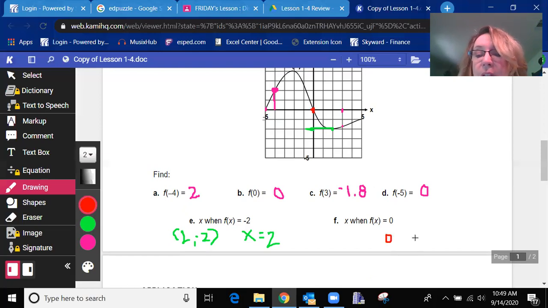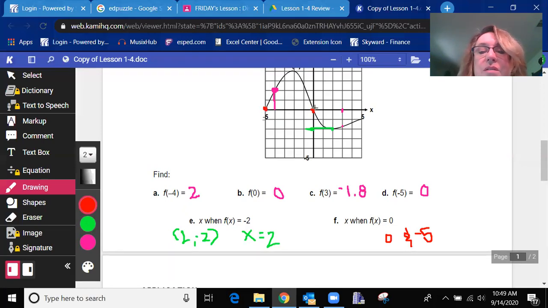When Y is 0, negative 5? Yeah. Because there's right here. So if I look here where Y is equal to 0, it's this one and this one.